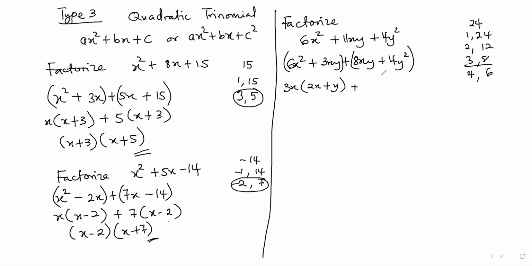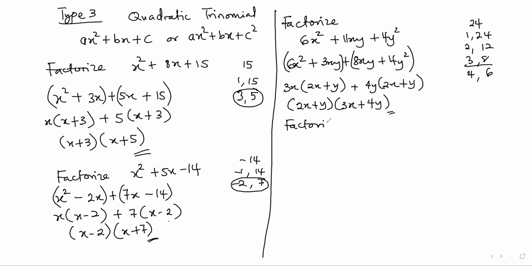What's common is 4y. So 4y times what will give you 8xy is 2x plus y. So since the brackets are the same, we have 2x plus y, and outside the parentheses, 3x plus 4y. Let's take another question.